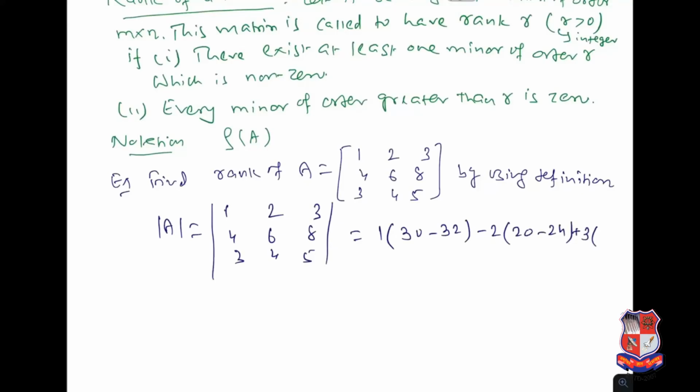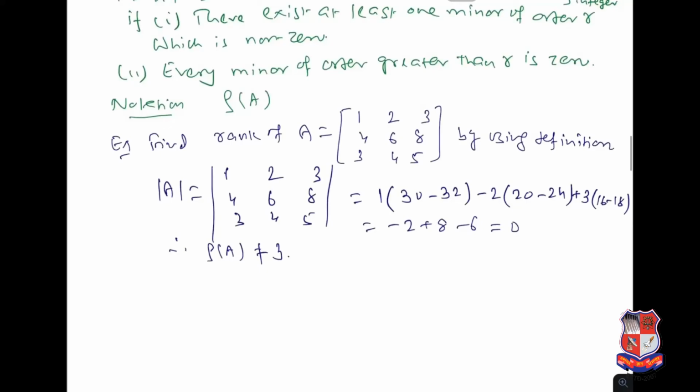Then plus 3 times (4 fours are 16 minus 18), so this is minus 2. So this is minus 4, and minus 2 times minus 4 gives plus 8, and 3 times minus 2 is minus 6, and so it is 0. Therefore the rank of A is not 3.